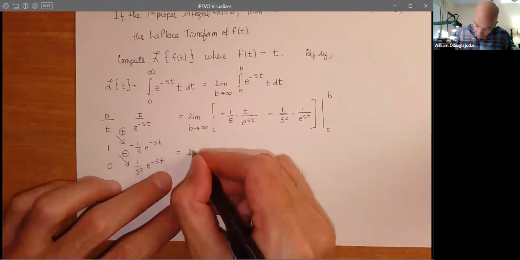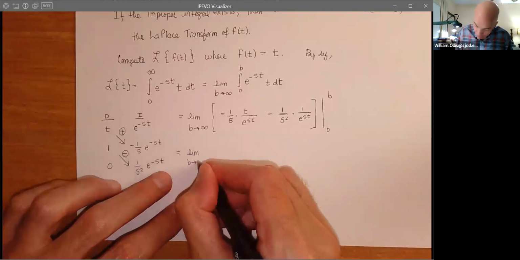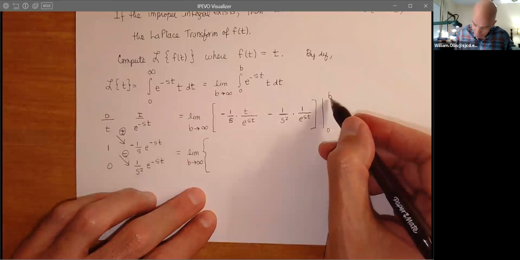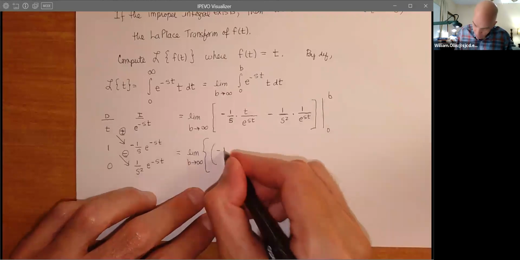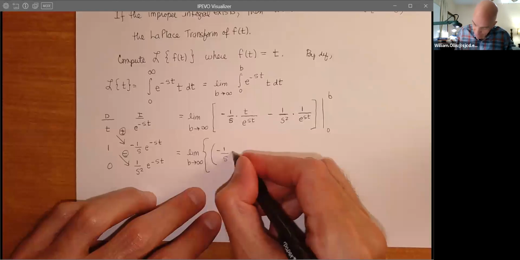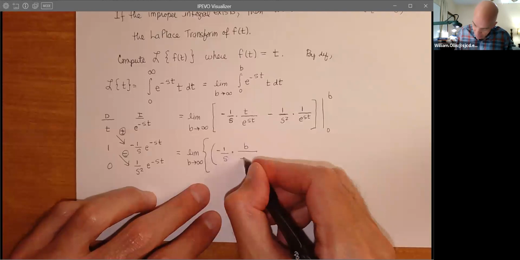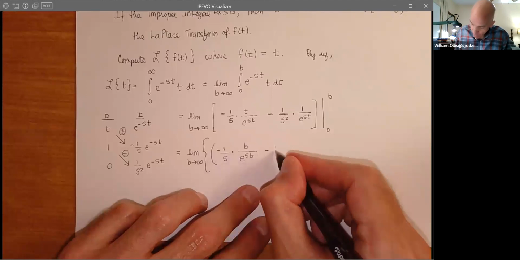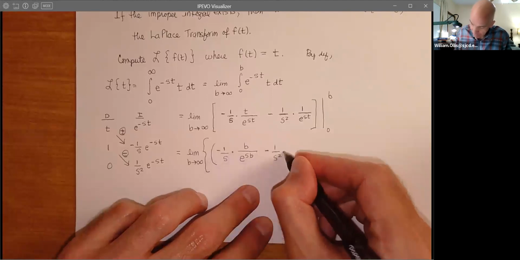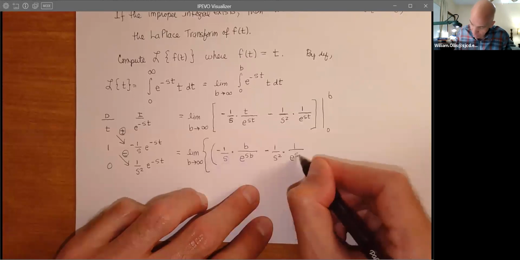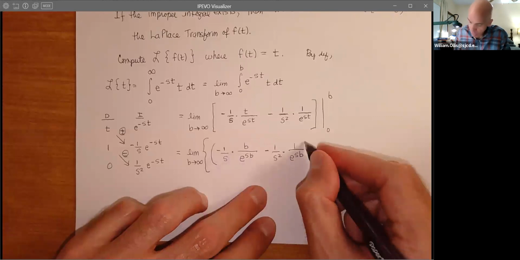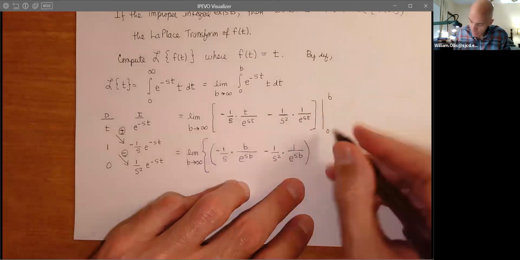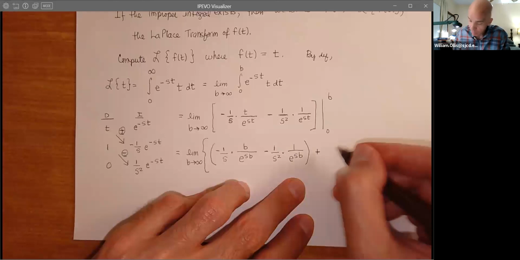So now we have the limit as b passes to infinity. So now we'll replace the t with the b. So minus 1 over s times b over e to the sb, minus 1 over s squared over e to the sb. And now we've got minus all of this, so these just become pluses. So might as well go ahead and write that in: minus, minus, pluses in all cases.